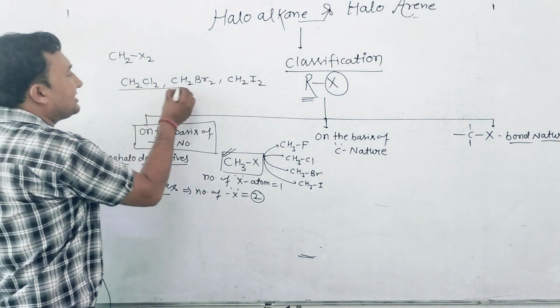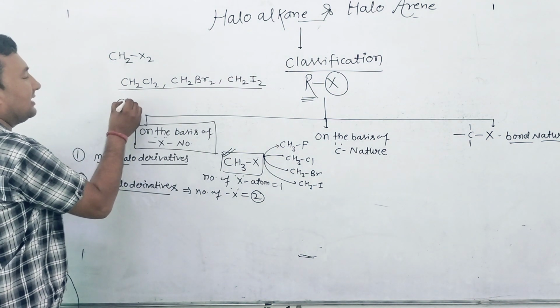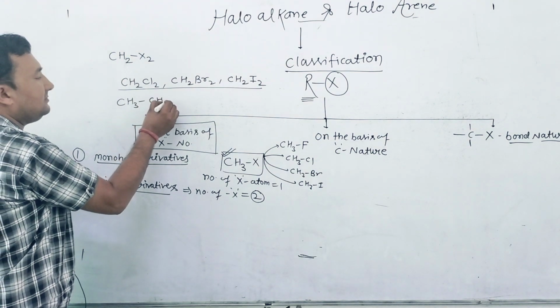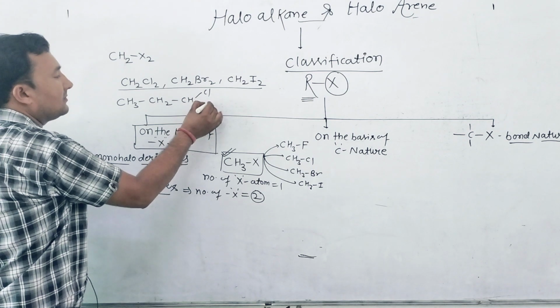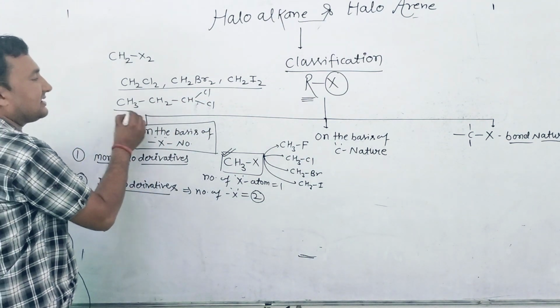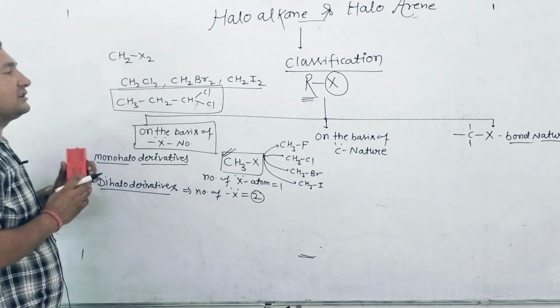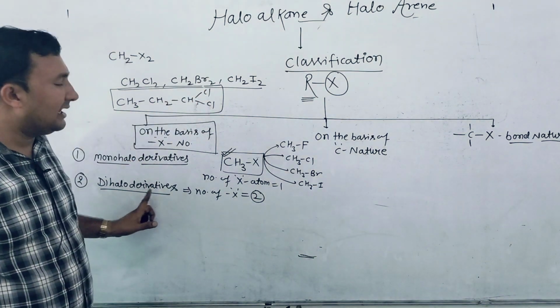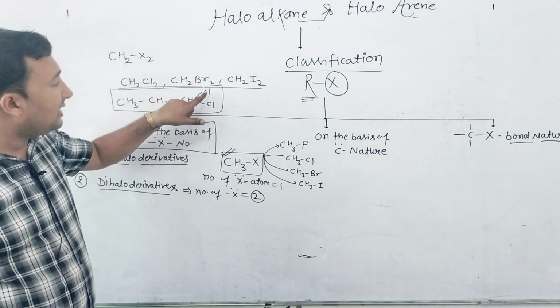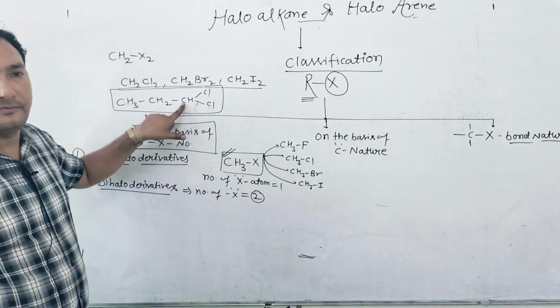If you look at all these examples, we have two halogen atoms over here. When we have two halogen atoms, it is categorized as a dihalo derivative. But both the halogen atoms are present on the same carbon.